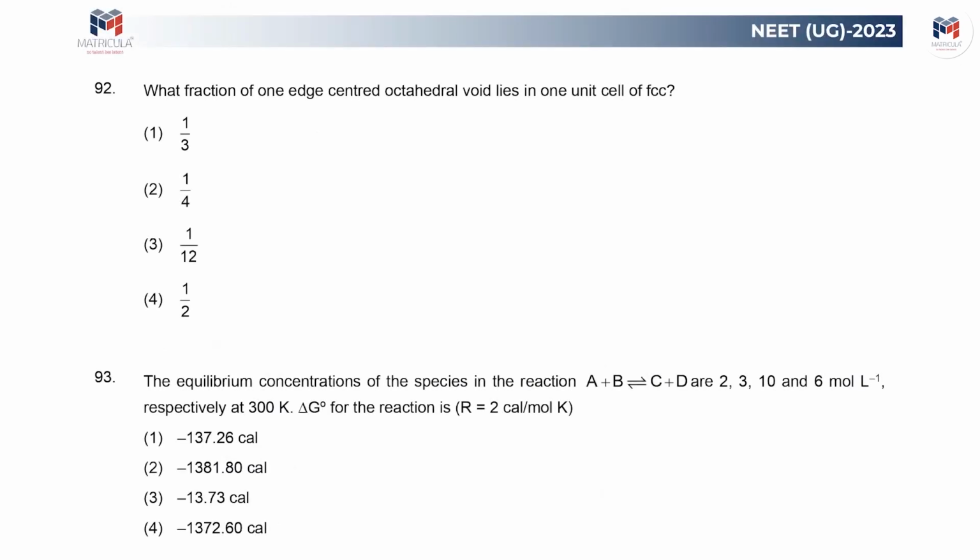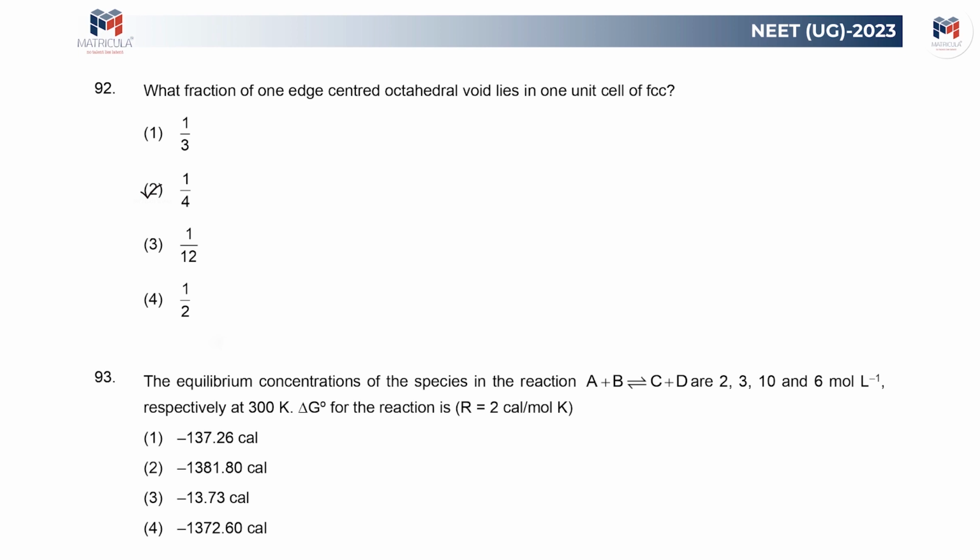Question number 92. What fraction of one edge-centered octahedral void lies in 1 unit of face-centered cube? The answer is option 2, 1/4. Question number 93. The equilibrium concentration of the species in the reaction A plus B giving C plus D, which is reversible reaction, are 2, 3, 10 and 6 mole per liter, respectively at 300 Kelvin.